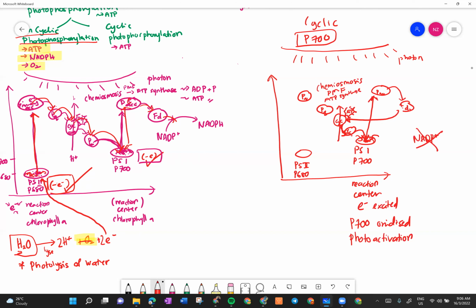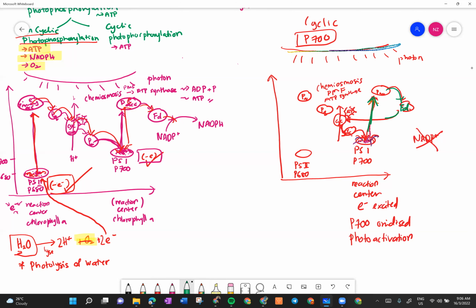Okay, so sekali lagi kita discuss apa yang berlaku adalah cahaya matahari provide the photon energy trapped by the antenna gathered at the reaction center of P700. The electron in the P700 become excited. P700 become oxidized. The electron will be accepted by primary electron acceptor and then passed to ferredoxin.